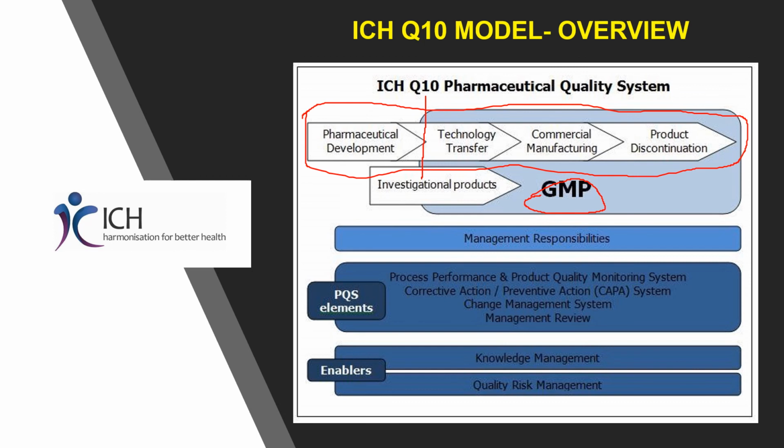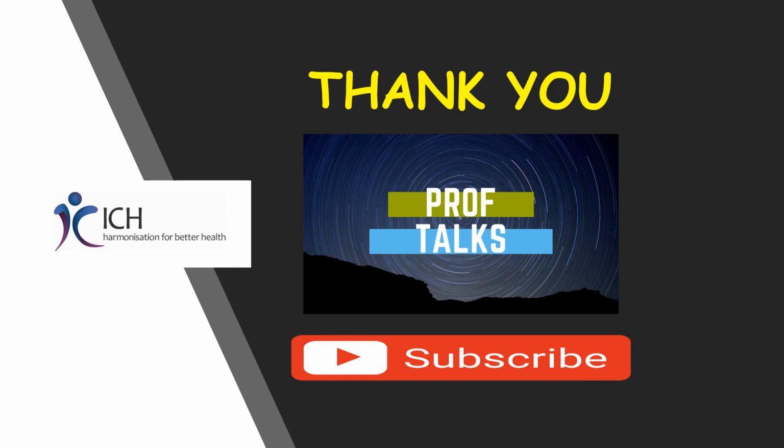But the PQS model, which includes the management responsibilities, the 4 PQS elements and the 2 enablers, they are effective right from the pharmaceutical development phase. Thus, this is the main important difference between GMPs and the pharmaceutical quality system model, where we can say that GMP is a part of pharmaceutical quality system and the PQS model is much broader, which includes the pharmaceutical development as well.